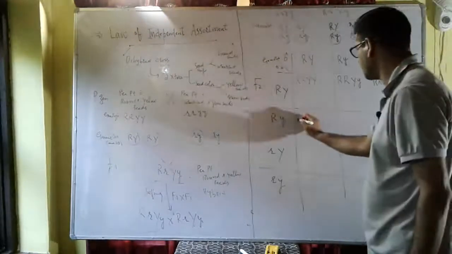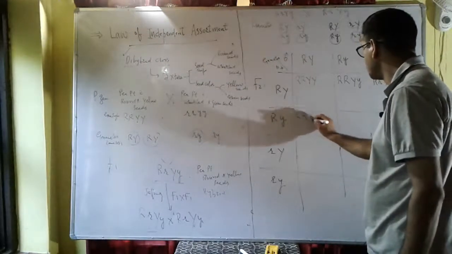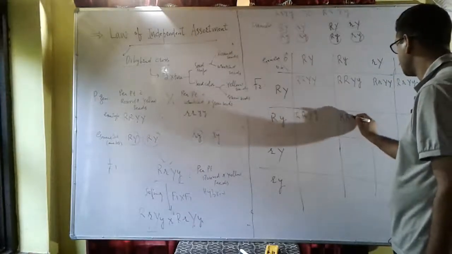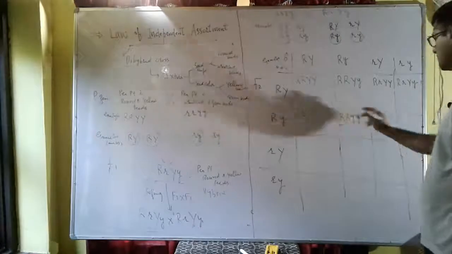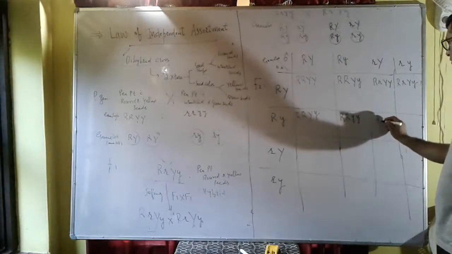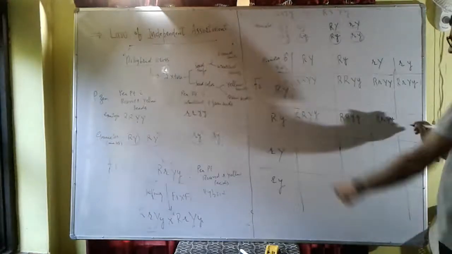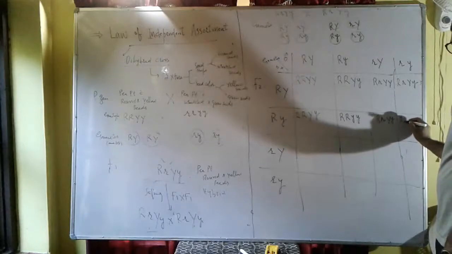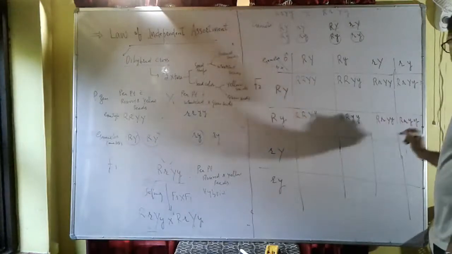Same is the case: capital R, capital R, capital Y, small y. This gamete will fuse with this gamete: capital R, capital R, small y, small y. Capital R, small r, capital Y, small y. Capital R, small r, small y, small y.